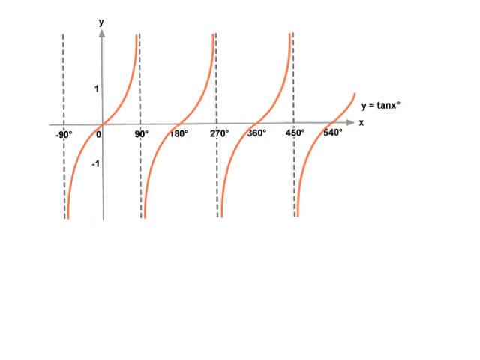As the angle tends towards 90, the tan of that angle tends towards infinity, and we have an asymptote at 90 degrees. This asymptote repeats itself every 180 degrees, as the tan graph has period of 180 degrees.